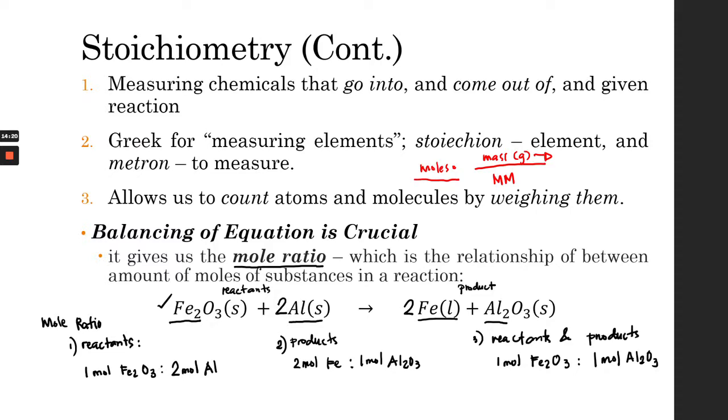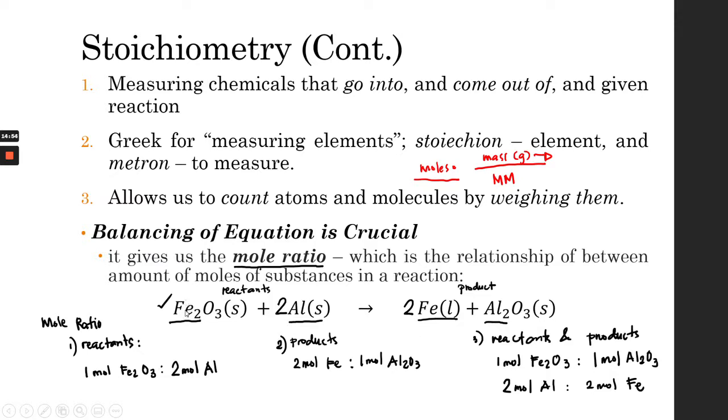Or another way that we can write this is in our products, 2 moles of aluminum can create 2 moles of iron. So this is the way that we can create a mole ratio between reactants, and even between reactants and products.